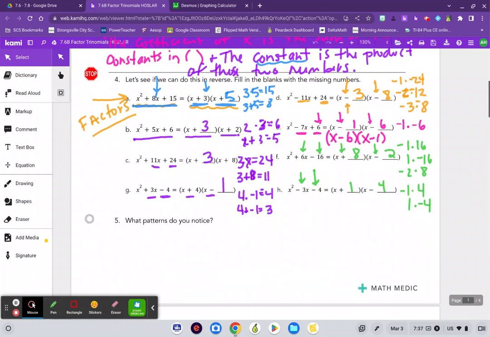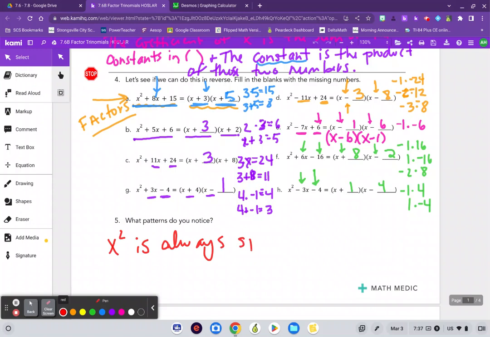All right, so what patterns do we notice? Well, I'm noticing a couple of things. I'm noticing that my x squared is always split up for me. In all these problems, it was already split for you, but everything is written as these two groups where I would have x times x, which is x squared.